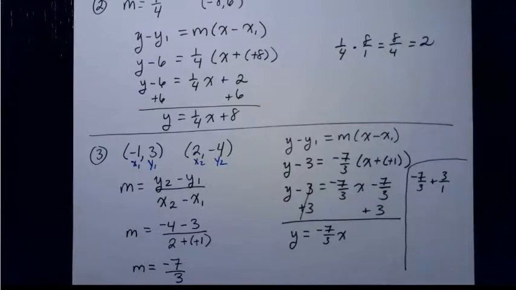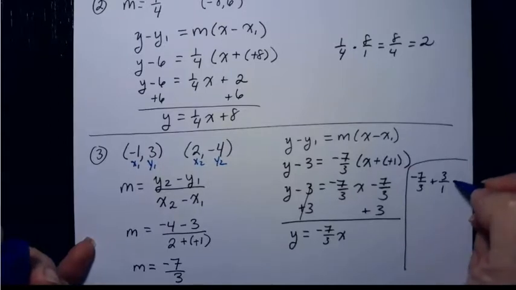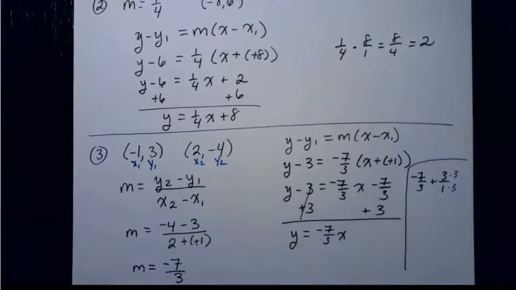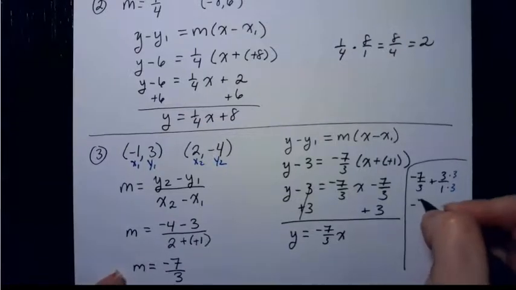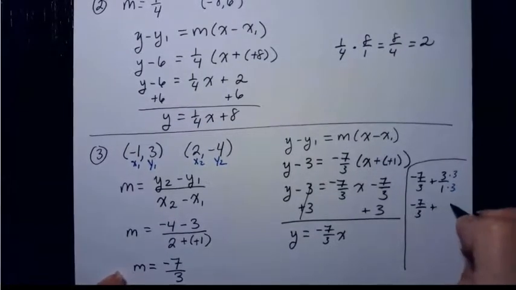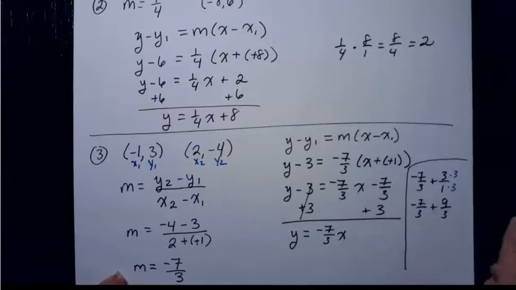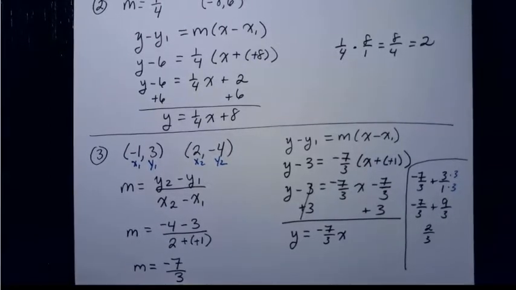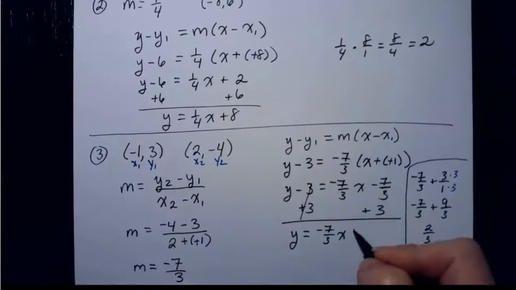That 3 over 1, I can make the same denominator as the 7/3, so I'll multiply top and bottom by 3. That gives me -7 over 3 plus 9 over 3. -7 plus 9 is 2, so that is 2/3. Not so bad. Plus 2/3 here.